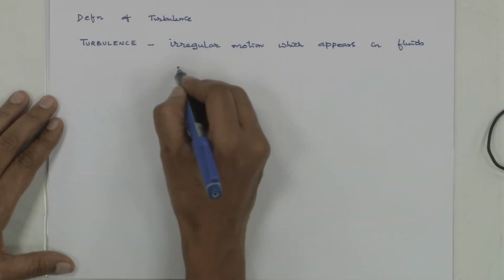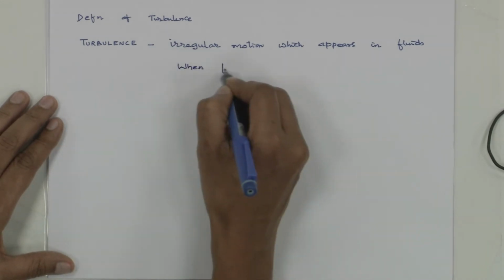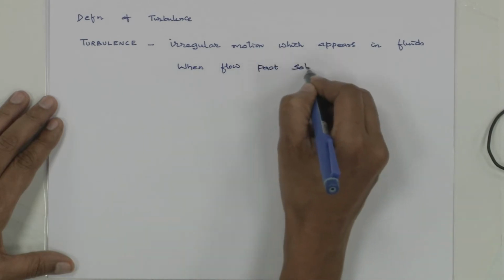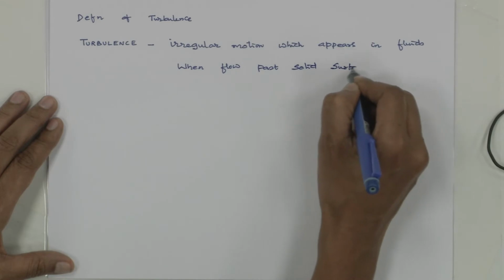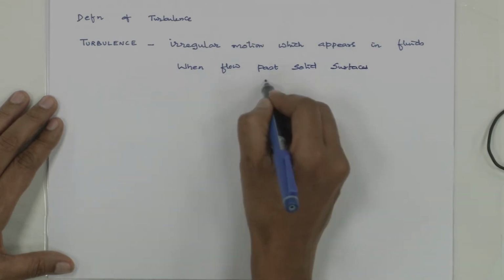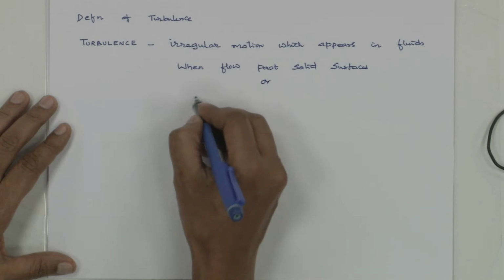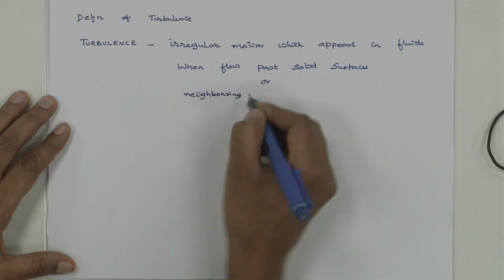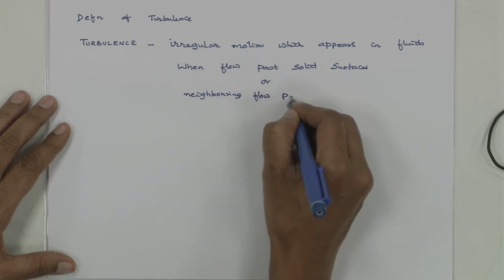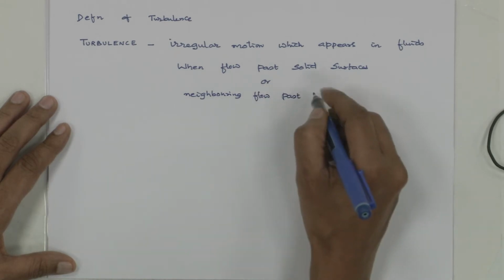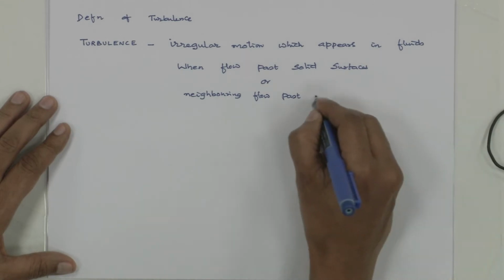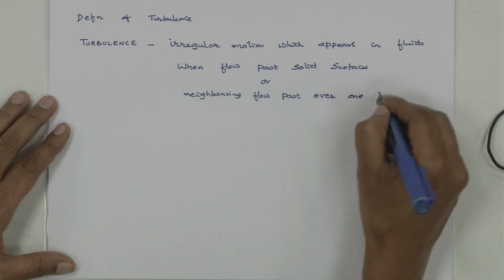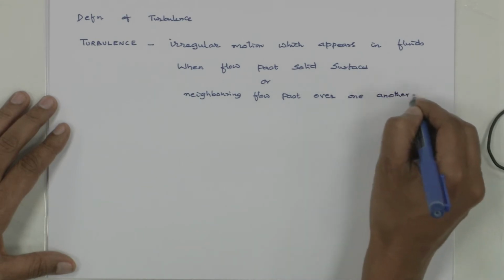When does it occur? When flow is past a solid, that is flow over a bluff body or solid surfaces, or when neighboring streams flow past one another. That is, let us say one jet passing over another jet, like smoke coming out of the chimney.